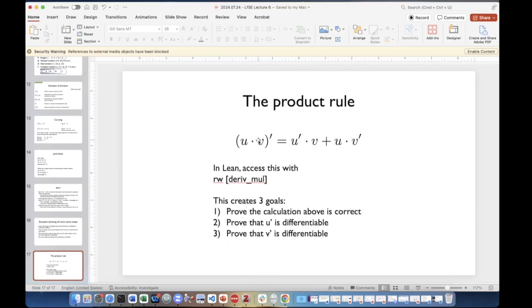Because imagine, I don't have any counterexamples in my head, but it's quite possible that one of these functions themselves might not be differentiable, but perhaps the whole thing is, but the decomposition of them isn't. I don't have a counterexample in my head, but that might exist. And if you're not able to prove that one of these things is differentiable, then you're not allowed to do this product rule step.